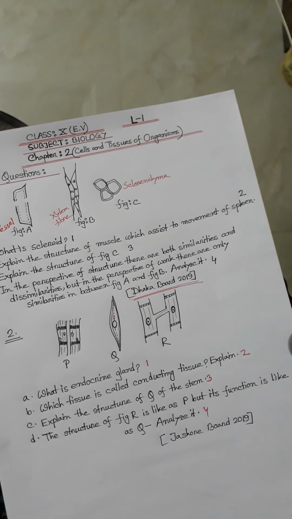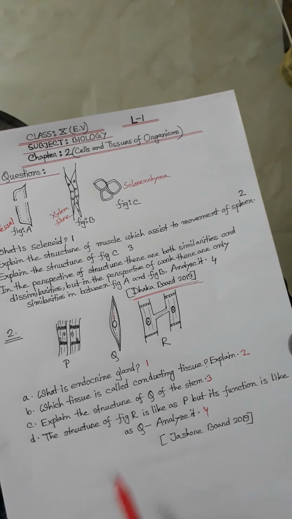Involuntary muscles mainly take part in the internal circulation of the body, such as intestinal peristalsis in food digestion.